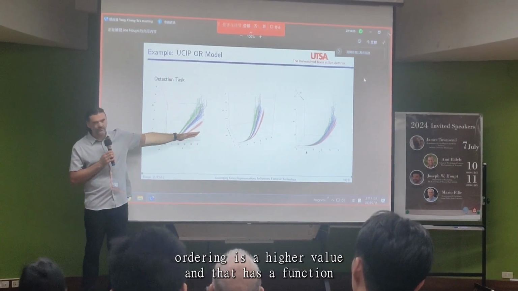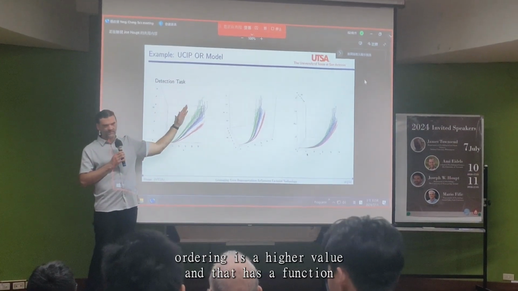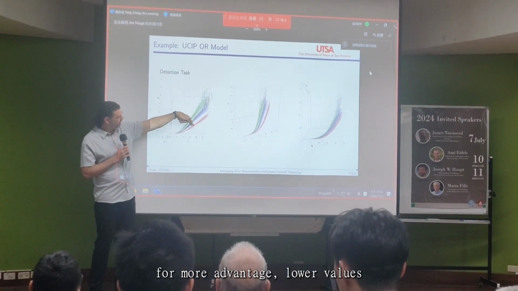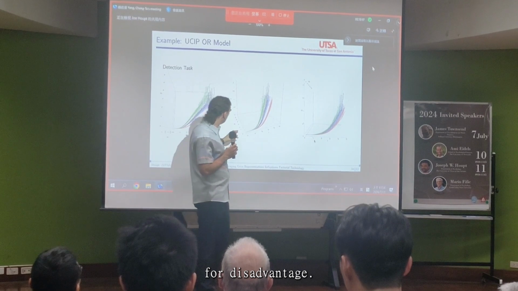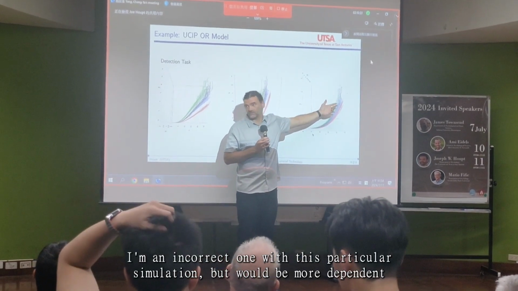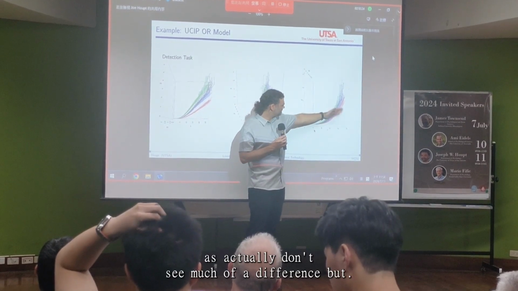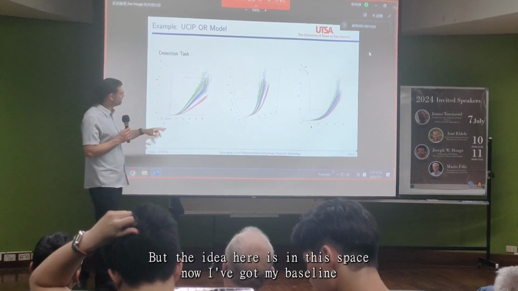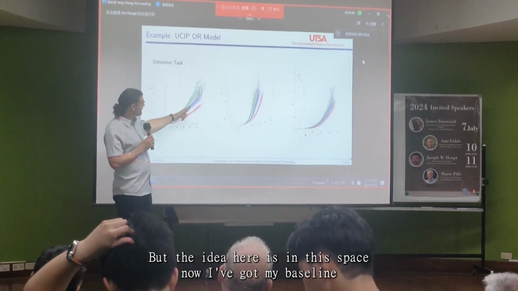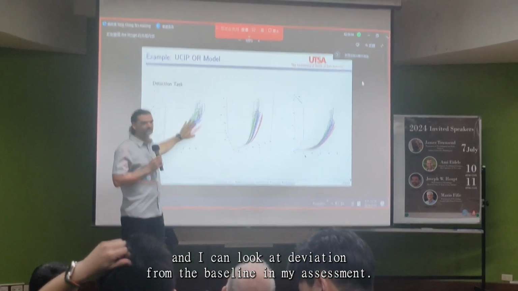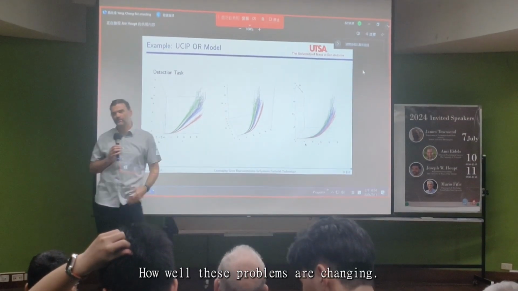We see that ordering we expect to get higher values of that correct cumulative hazard function for more advantage, lower values for disadvantage. On the incorrect one with this particular simulation, but it would be model dependent, we actually don't see much of a difference across the incorrect processes. But the idea here is, in this space now, I've got my baseline, and I can look at deviations from that baseline to get my assessment of how things are changing.